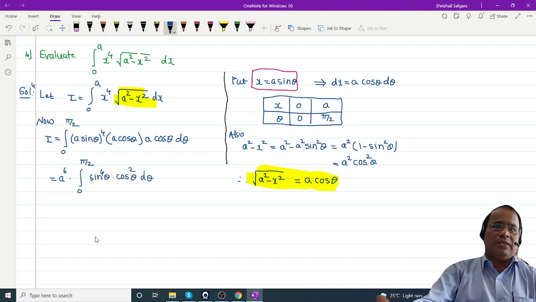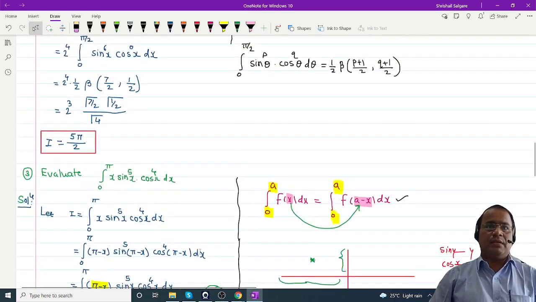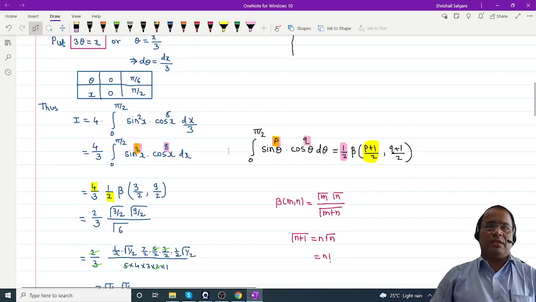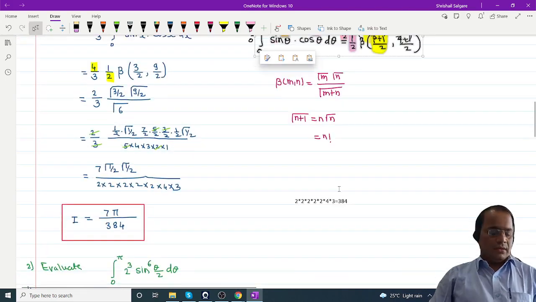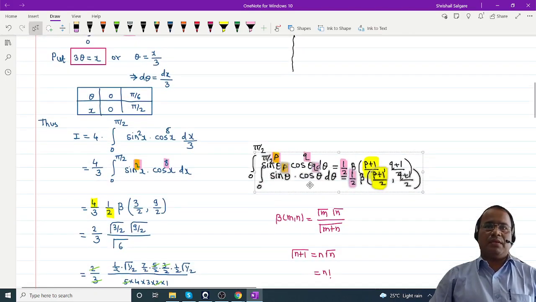It is a 2 times. Now it comes in the definition. That definition is not coming, so I want to paste it.